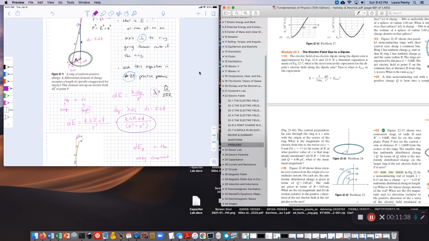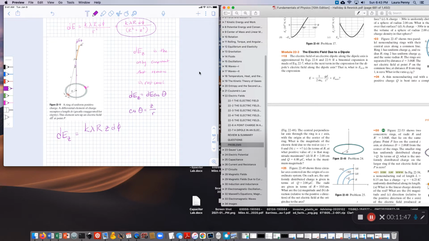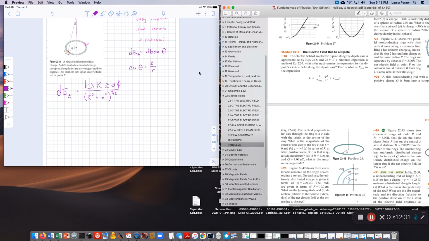So now I had a little r squared before. Now I have little r to the third power. And so I end up with R squared plus z squared to the 3/2 power. Now this is just the dE, so to actually get Ez, I need to do this integration: k lambda R z d phi over R squared plus z squared to the 3/2 power.